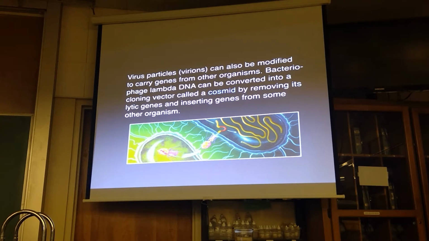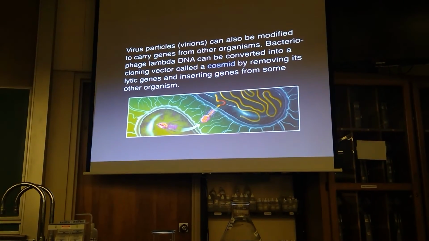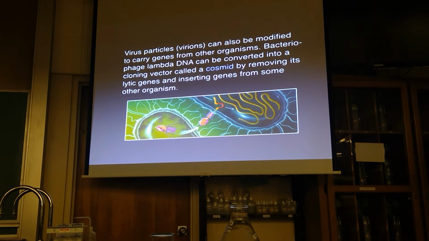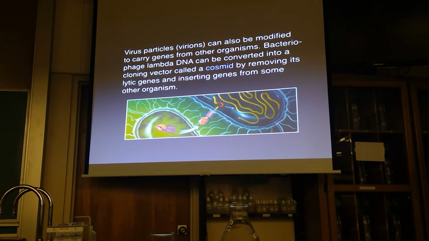If they take those genes out, that DNA still has whatever it needs to get into a host cell and enter into the chromosome, but it can't kill the cell. And so you can replace those lytic genes with whatever genes you want to be studying, and cosmids can be used to transfer DNA into cells. They're cloning vectors. They're just way bigger than plasmids. So plasmids are cloning vectors, cosmids are cloning vectors.